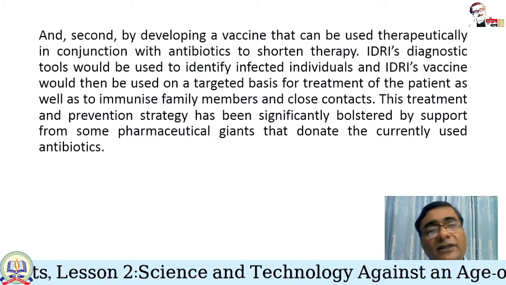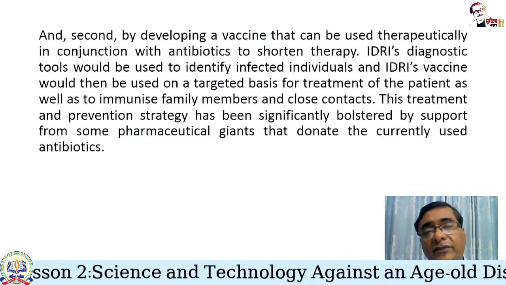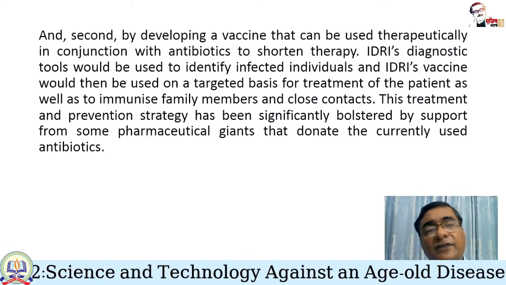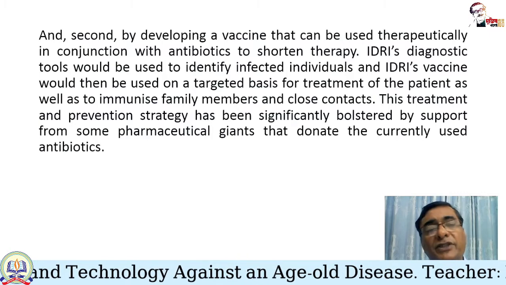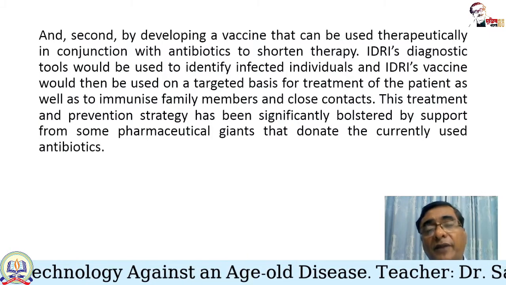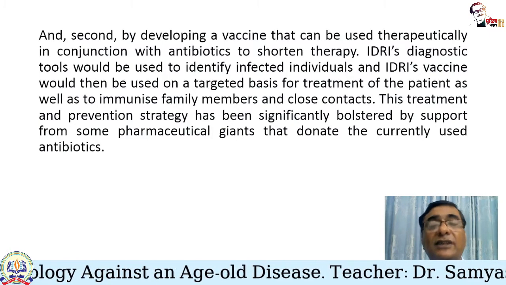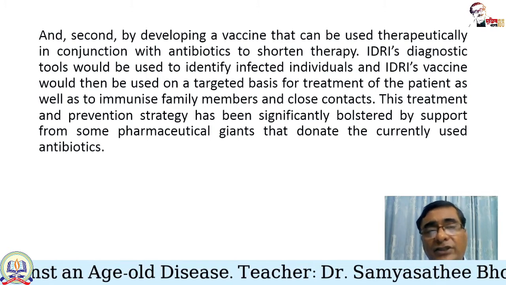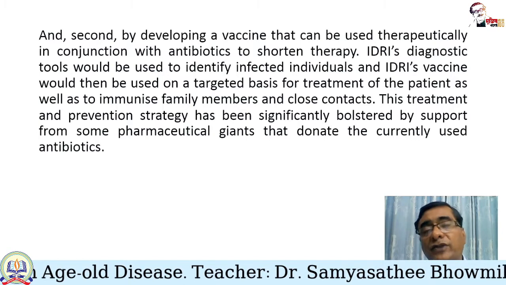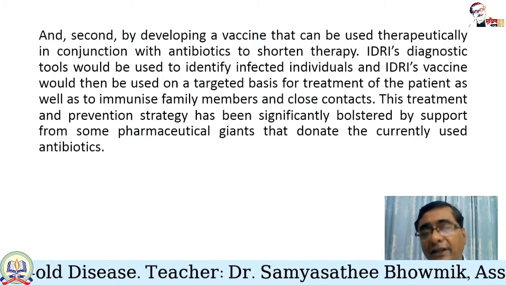IDRI's diagnostic tools would be used to identify infected individuals, and IDRI's vaccine would then be used on a targeted basis for treatment of the patient as well as to immunize family members and close contacts. Now, this is very important: IDRI's diagnostic tools would be used to identify infected individuals.